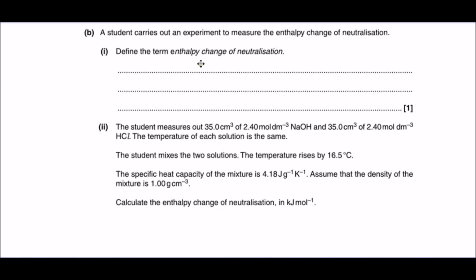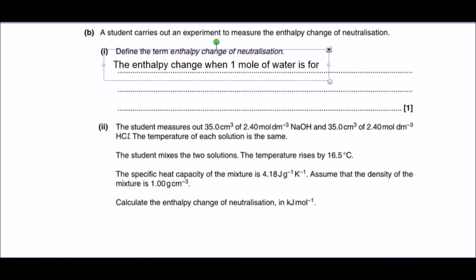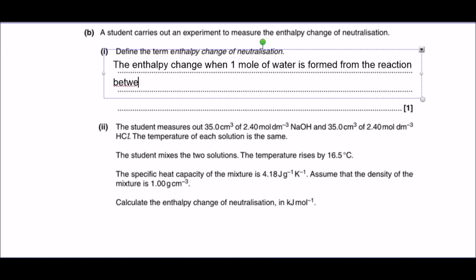In part B of this question, we've got another definition. This time it's enthalpy of neutralization. And what we need to say is the enthalpy change when 1 mole of water is formed from the reaction between an acid and an alkali.